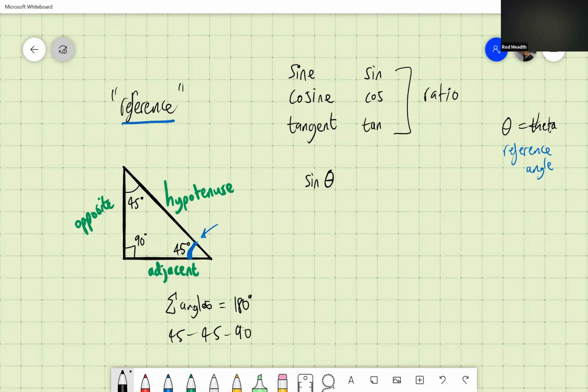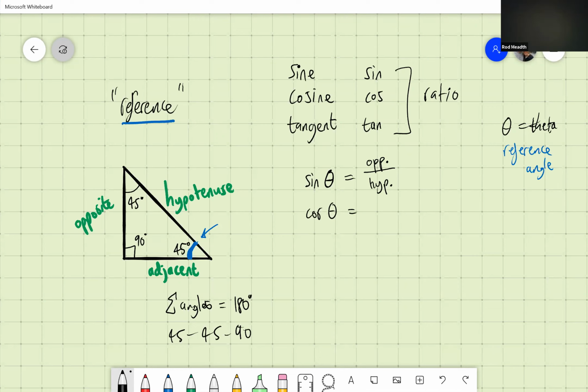Sine of the angle is the ratio between the opposite side and the hypotenuse, like the length of the opposite side and the length of the hypotenuse. Sine of theta is the ratio between the opposite side and the hypotenuse. I'll say them all up front.